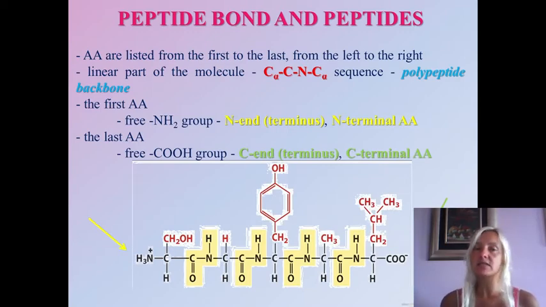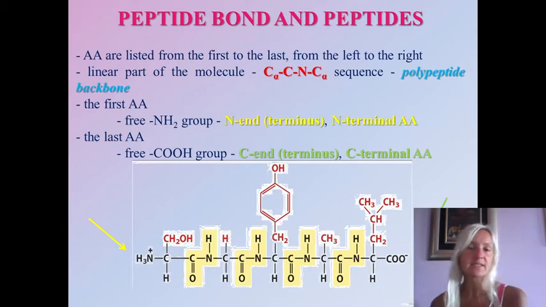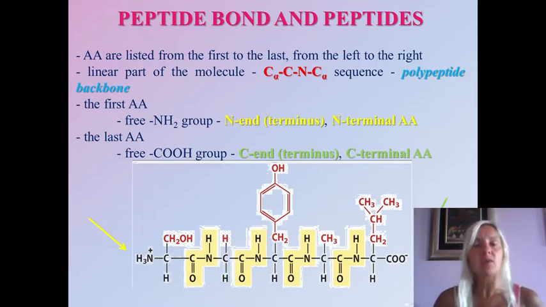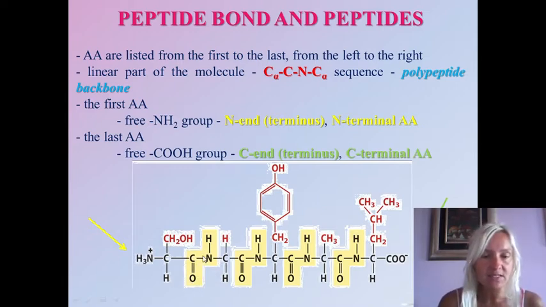Let's list some other rules. This one is easy. Amino acids are listed from the first to the last, from left to right. I have provided you here with one example: 1, 2, 3, 4, 5. It's a pentapeptide. So let's take a look at this: 1, 2, 3, 4 peptide bonds.